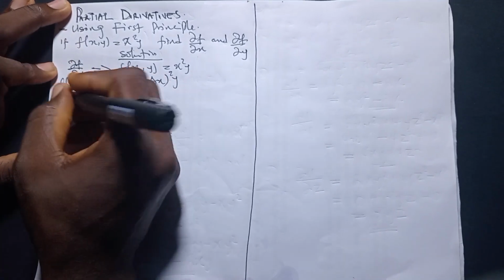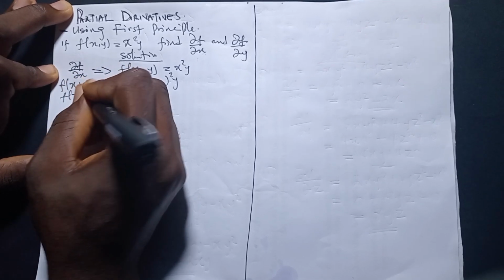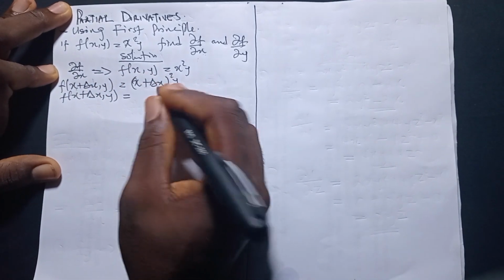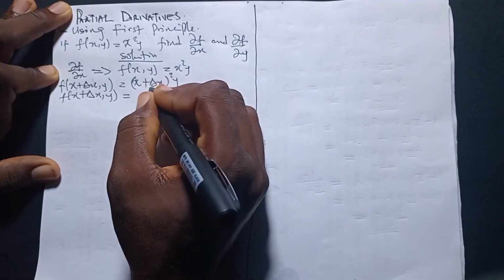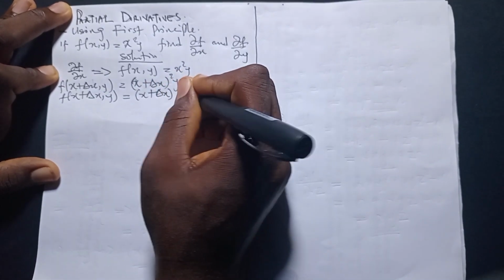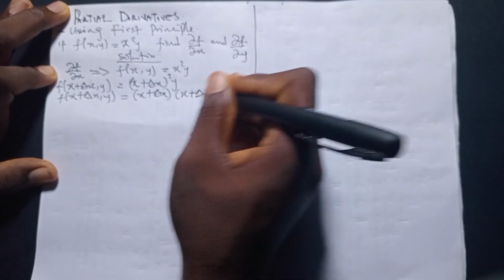Now if we expand this using binomial expansion, (x plus change in x) squared is the same as (x plus change in x) times (x plus change in x).